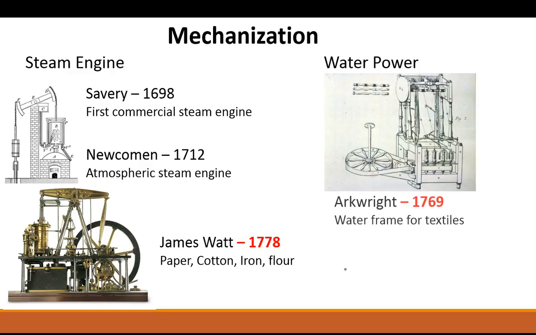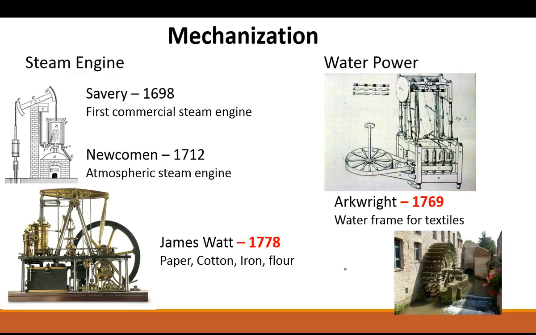Now, almost at that same time, it was actually 9 years before, Richard Arkwright came up with a system around water power. He developed something called the water frame. What the water frame did was it used the power of a water wheel to industrialize textiles.